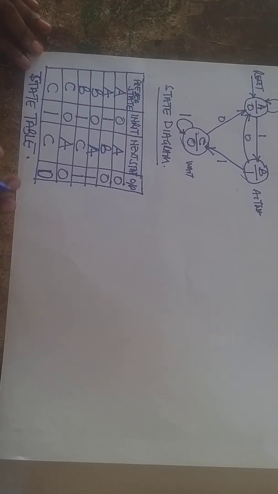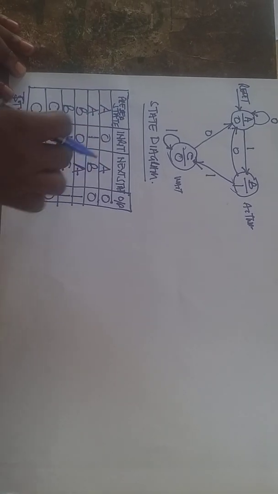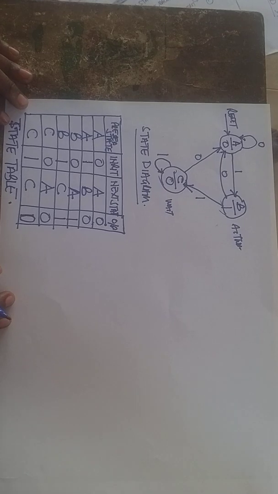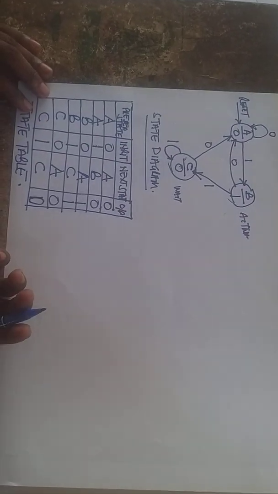Now, what we do again is to code the states in the state table. We have 3 states.